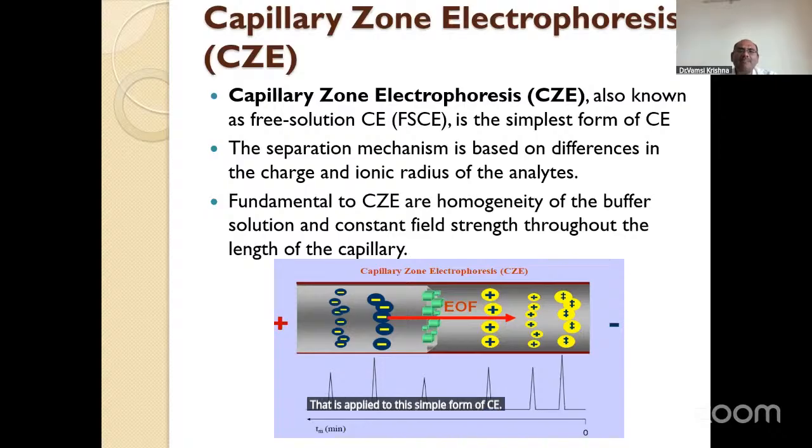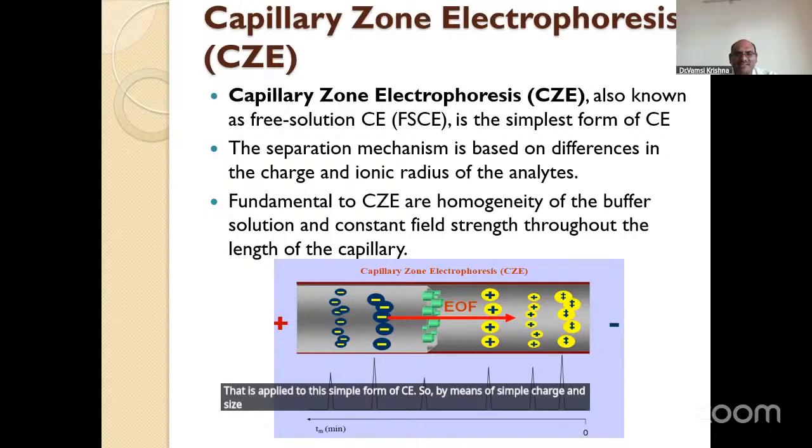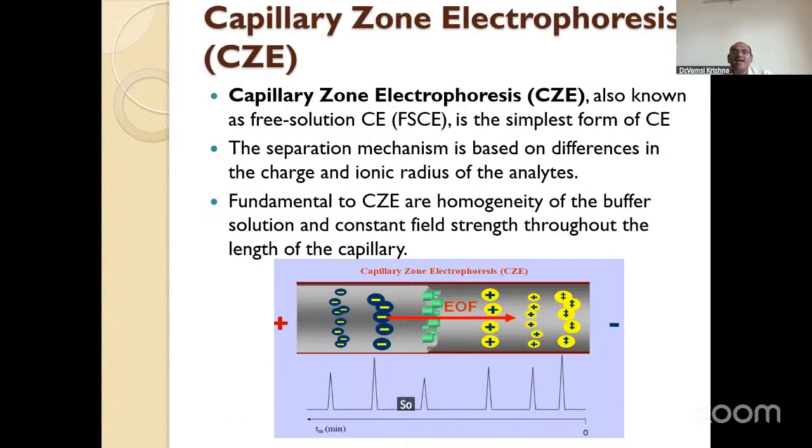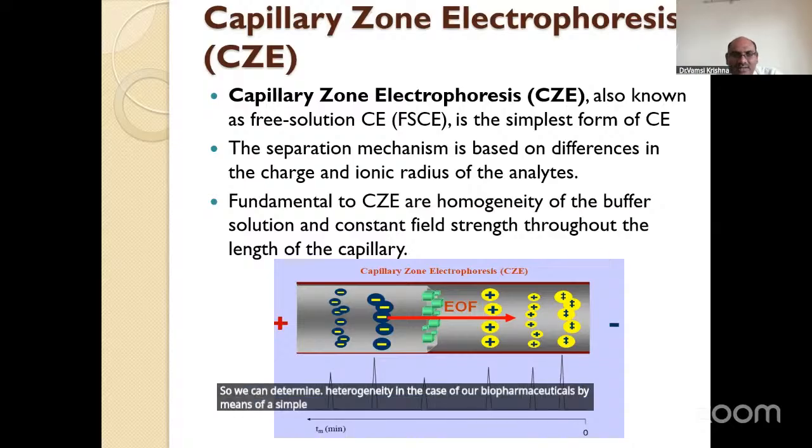By means of simple separation based upon the charge and size of our analytes, our molecules are going to be separated. So we can determine heterogeneity in the case of our biopharmaceuticals by means of simple capillary zone electrophoresis.